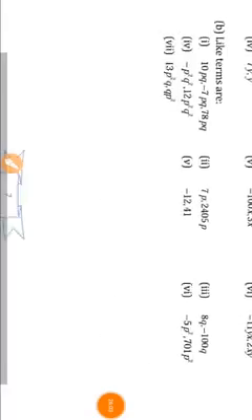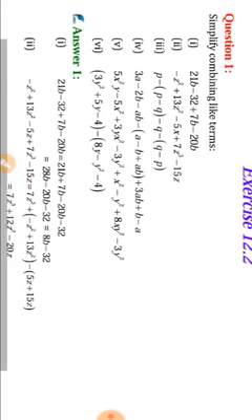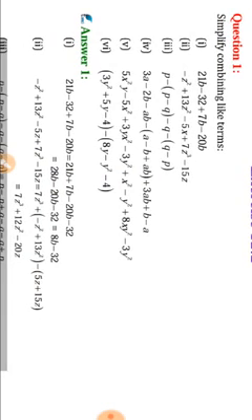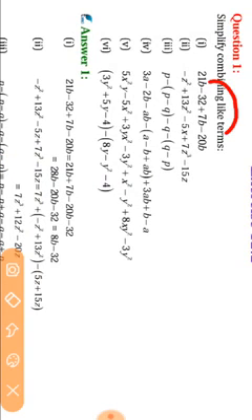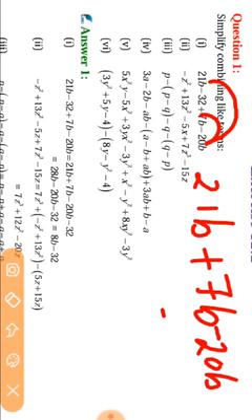Then the next exercise, simplify combining like terms. So combining like terms means simplification: if it is an addition, add it, if it is a subtraction, subtract it. B, we can add it, which are b here. So 21 plus minus, first we can write the same variables together, the remaining you can write outside, minus 32.